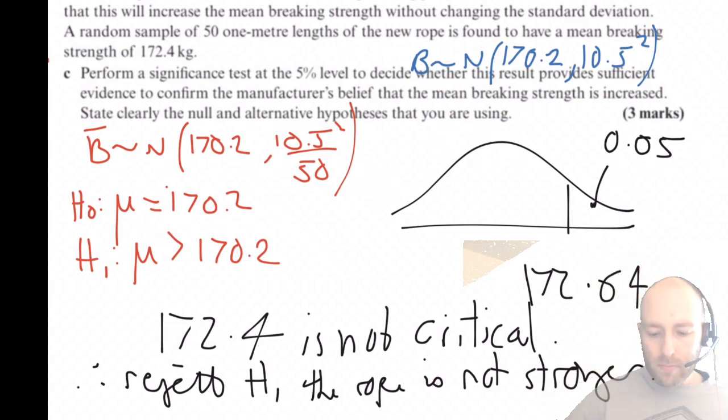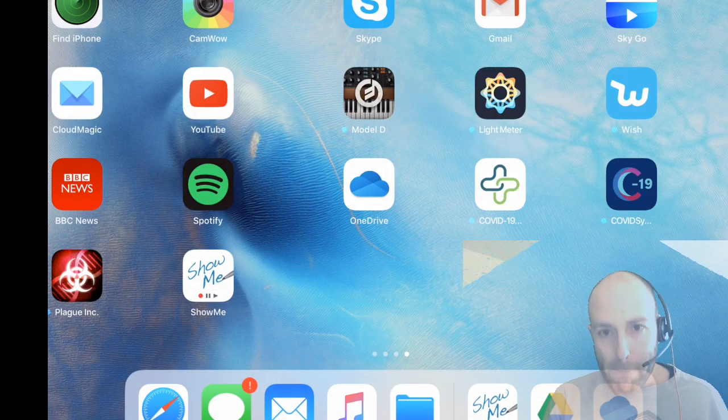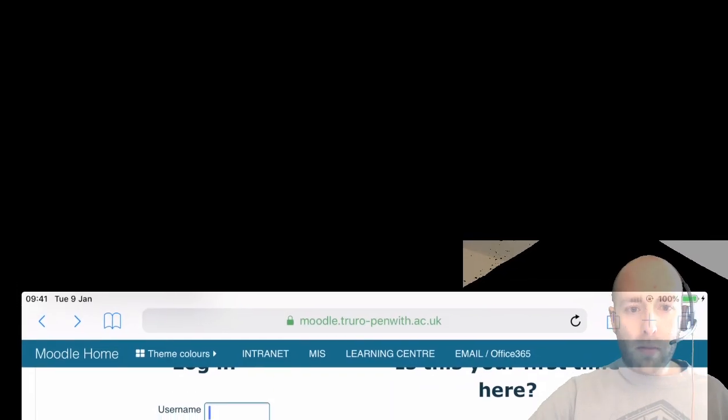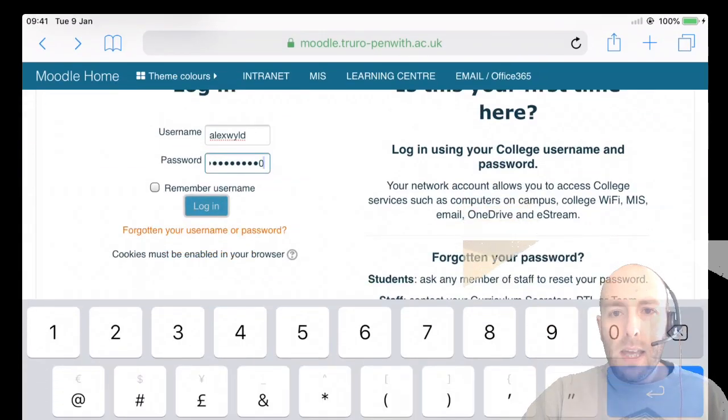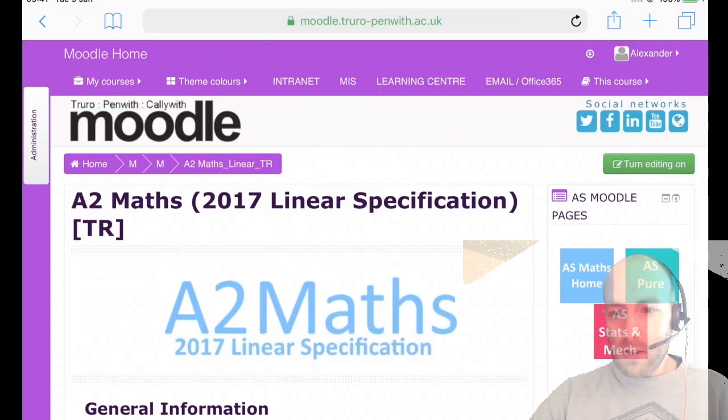So if you log onto Moodle, here you go. And I suppose I should hide the password. We still have to set you guys homework assignments because we don't know what's going to happen with grades.